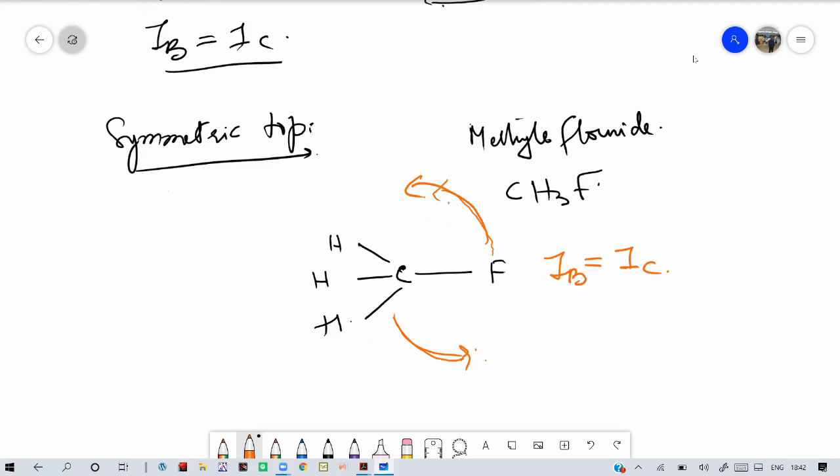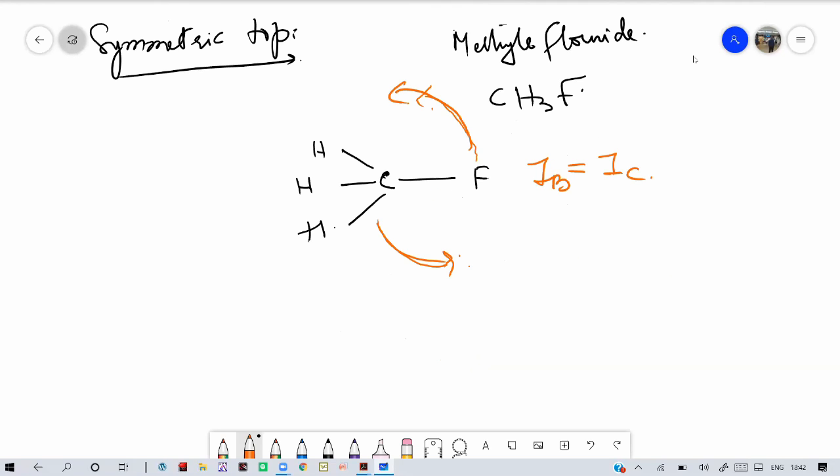Now what happens about the bond axis? In the linear case we have seen that it is almost 0, a very small magnitude of moment of inertia about that axis, because everything is uniform about that. But here the axis is the CF bond, this bond axis. This is the main rotational axis, because the center of mass, or the center of gravity, will be lying along this axis.